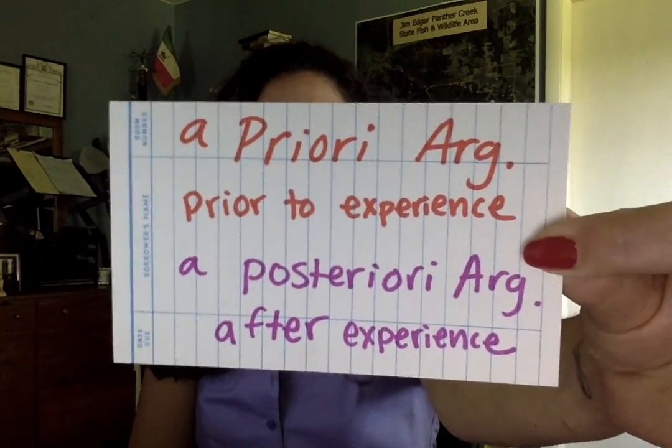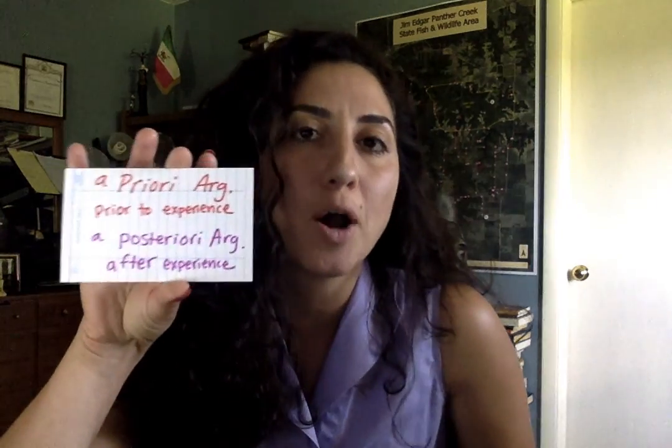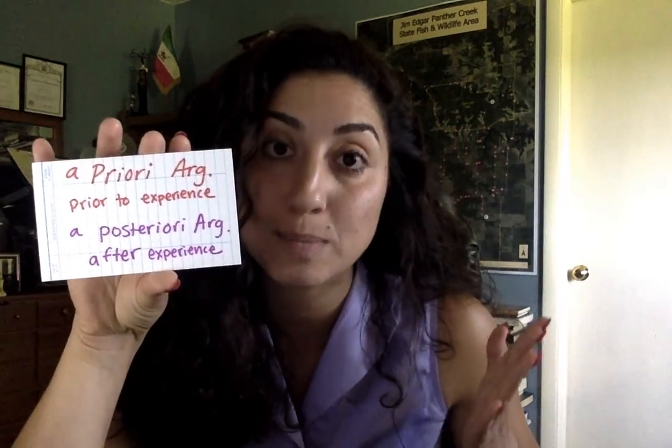The argument in general could be a posteriori or a priori, where these concepts are discussing different kinds of ways to verify information. You can have an a priori reason, an a priori argument, a priori facts. Some people say there is no such thing as a priori facts, but let's just set that aside. When we're talking about a priori, we're saying before experience.